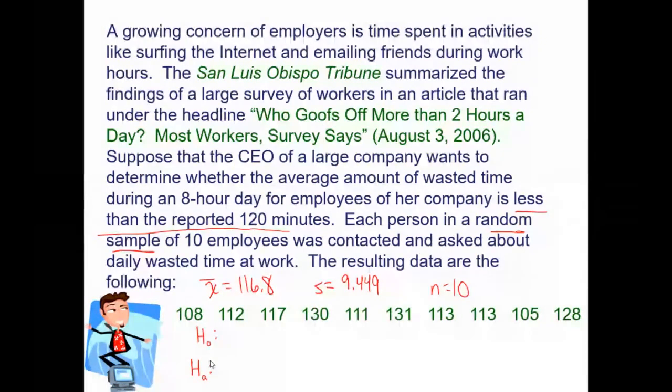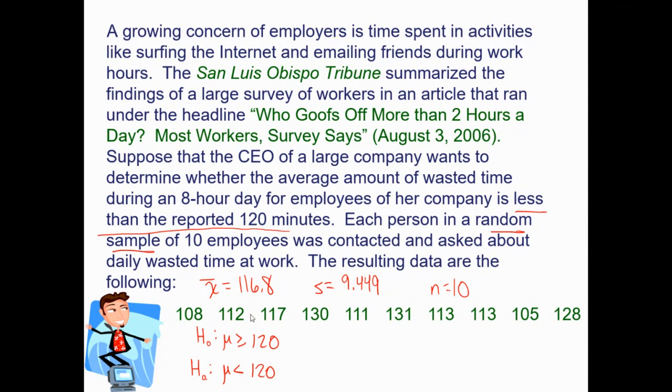So what would that be, the null or the alternative? This is the alternative, that's right. Mu is less than 120, which means the null is what? Equal to. Or if you're in AP, it would be strictly equal to.